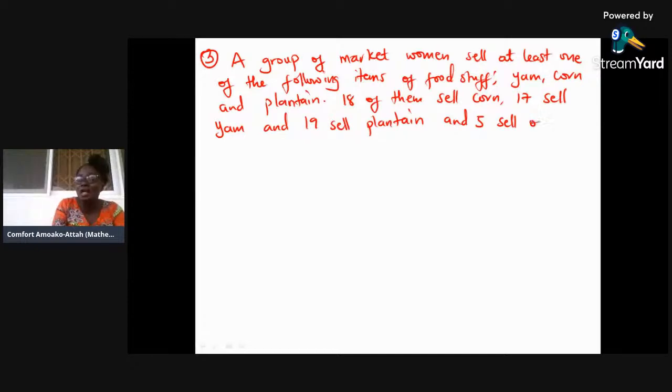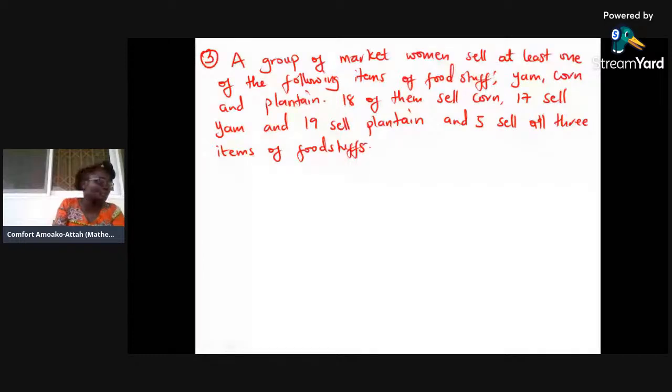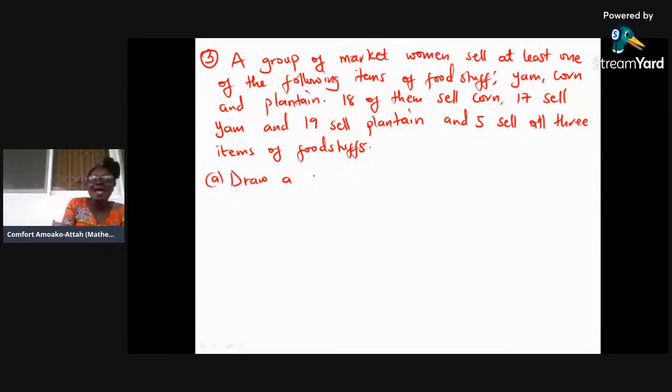Part A: draw a Venn diagram to illustrate the given information.